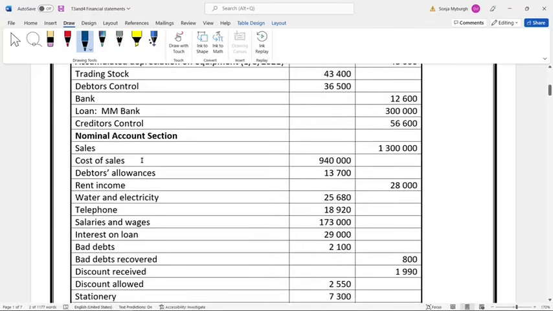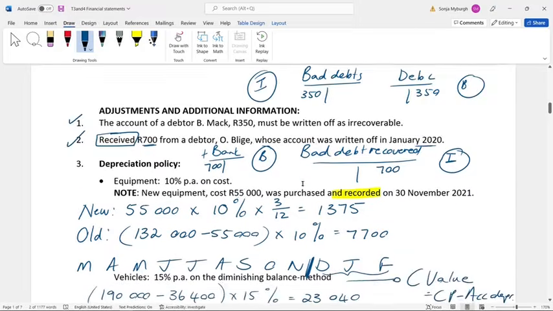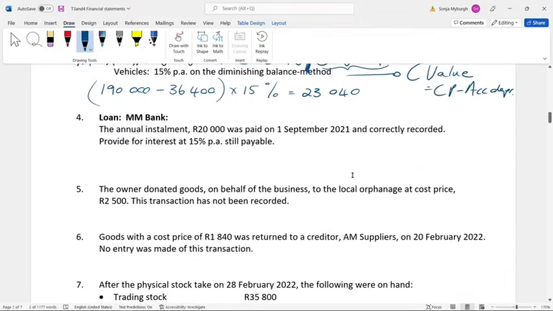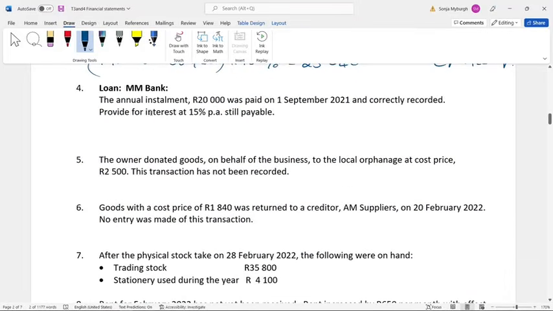The next one is on the loan. Now they show the loan at the end of the year as 300,000. The adjustment says the loan from Bank, the annual installment 20,000 was paid on the 1st of September and correctly recorded. Again, that very important sentence.